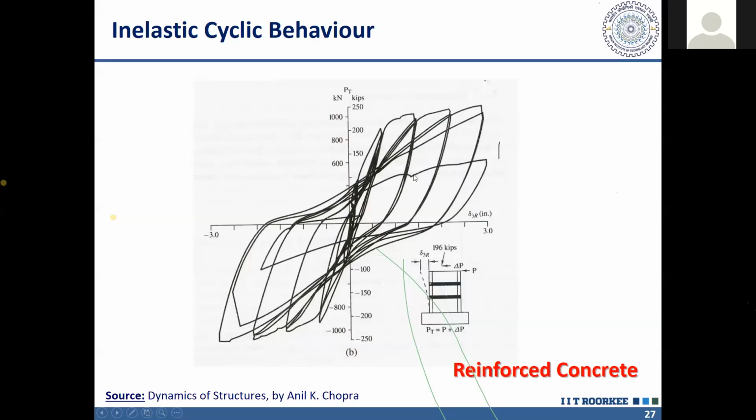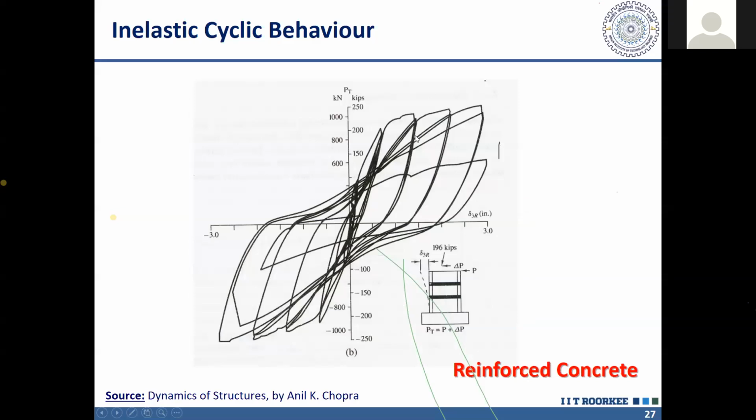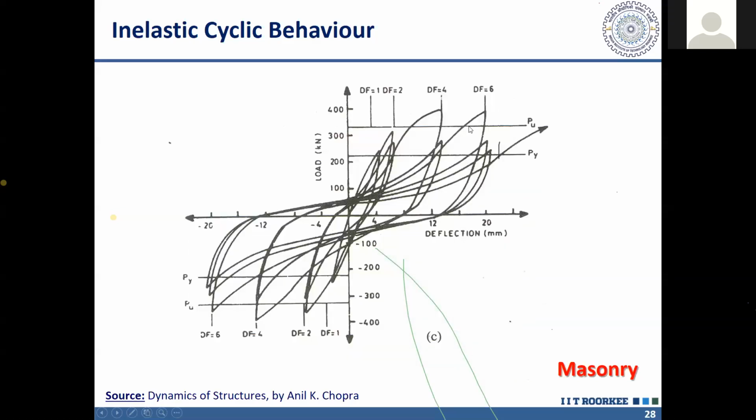This is called stiffness degradation. And at the same time, at a given displacement in successive cycles, the strength is reducing. Compare it here. At a given displacement, the strength was more or less same. But here, at the same displacement, you can see that the strength is reducing. Here, you see. And in case of masonry, even more degradation. So you can see that there is a significant degradation of stiffness and strength.